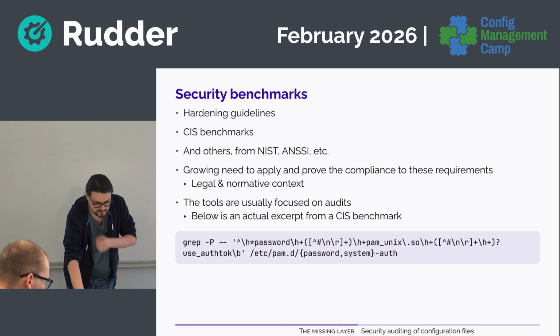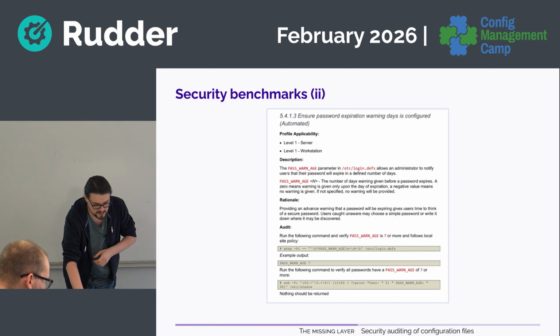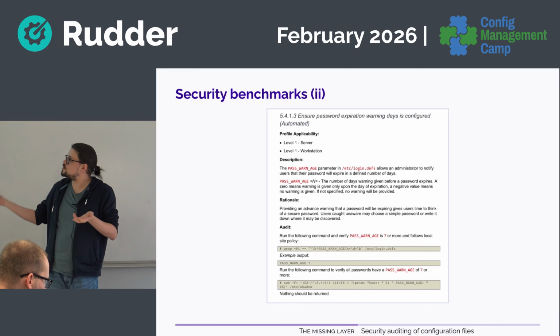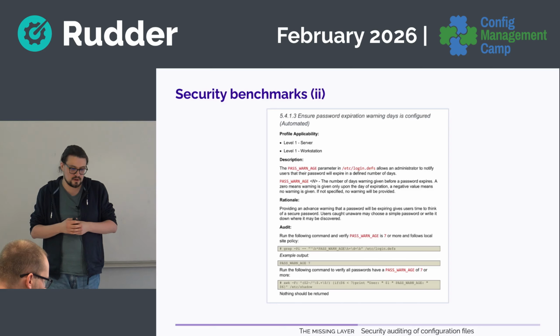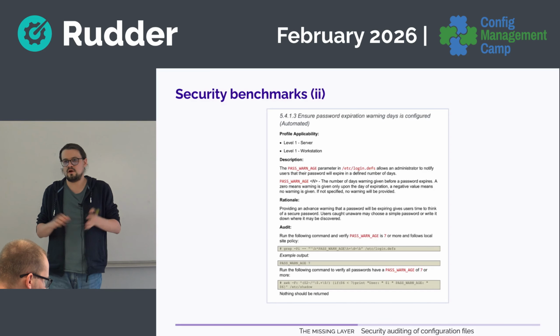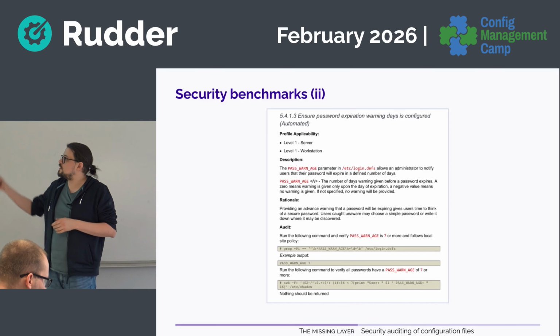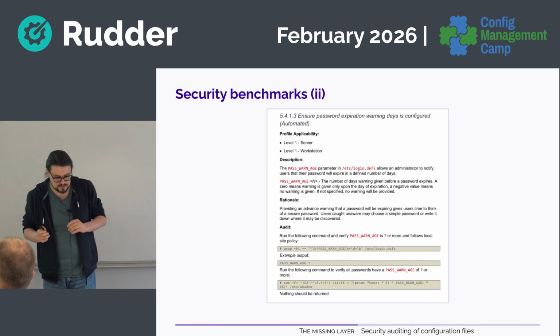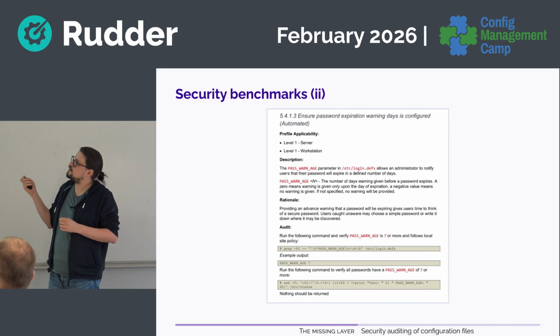So this is an actual excerpt to check a value in a file from CIS. So this is what a CIS benchmark looks like. It's mostly a huge PDF for each operating system version, around 1,000 pages to give you an idea. And it contains a list of items to manage with 4 levels of numbering. So this is really fun to implement.